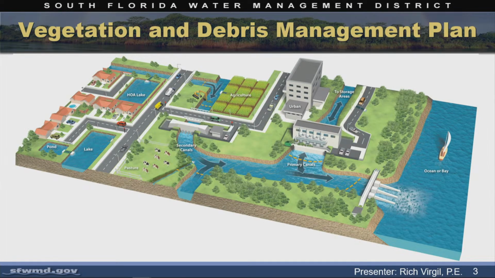So this is a little graphic that we used when we define the flow, because basically during flood control, we define flood control, or we try to express that we're all in flood control together, right?